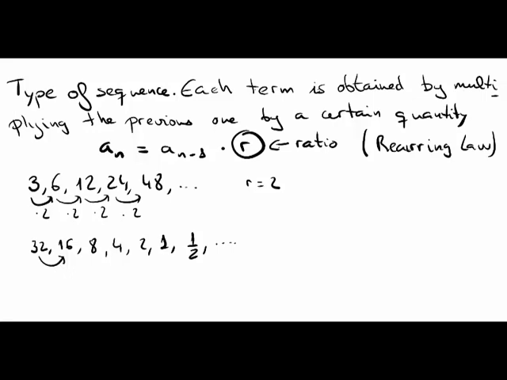When I go from the first to the second one, yes, I'm dividing by 2, but it's the same as saying I'm multiplying by 1/2. If I write here divide, it's not a geometric progression. I always have to say I'm multiplying by the same quantity. In this case, it is 1/2.